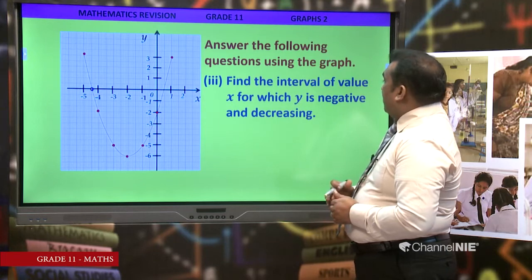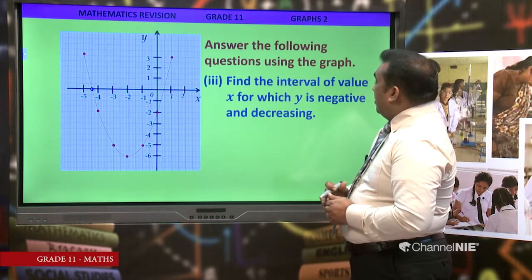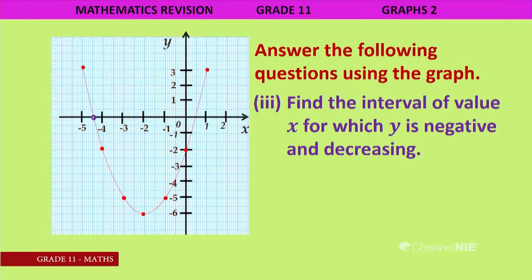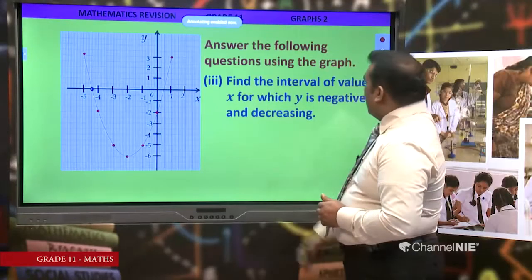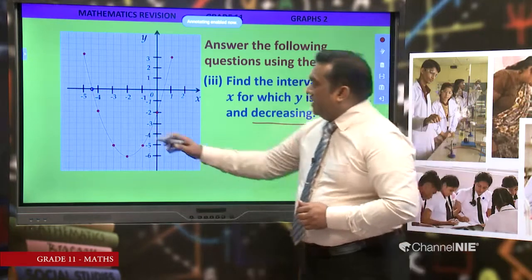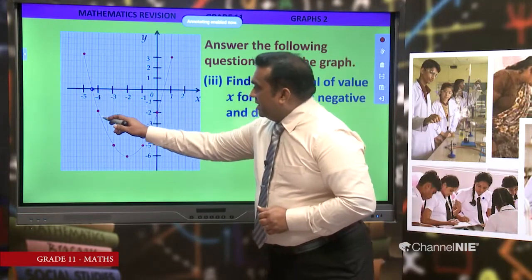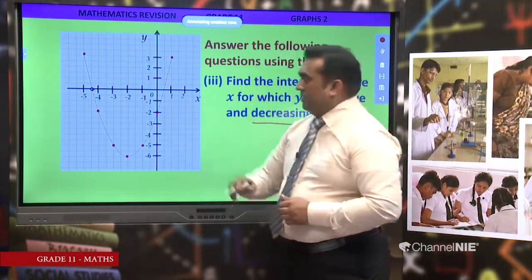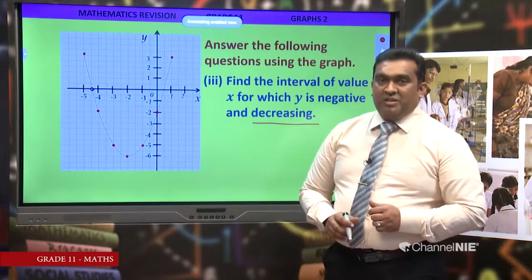Find the interval of values of x for which y is negative and decreasing. Y is negative. Negative means below the x-axis. Negative and decreasing. This is the range.